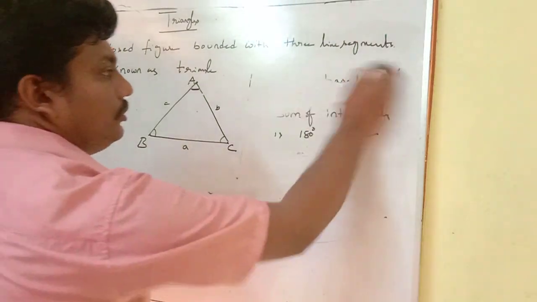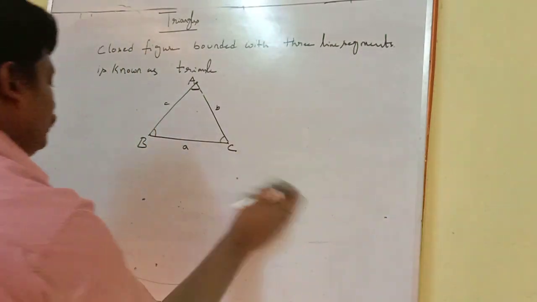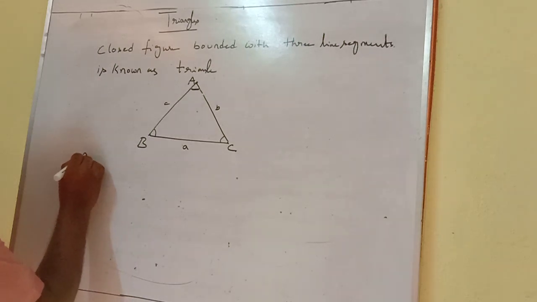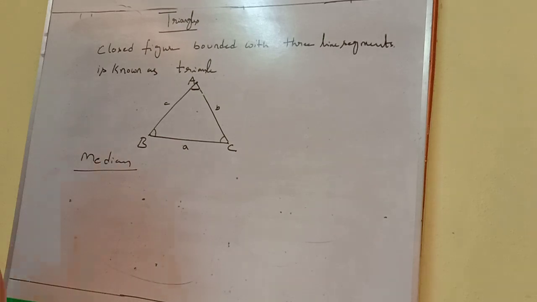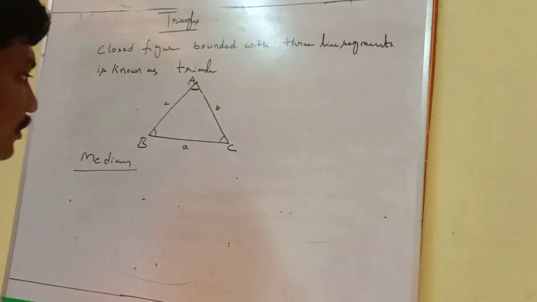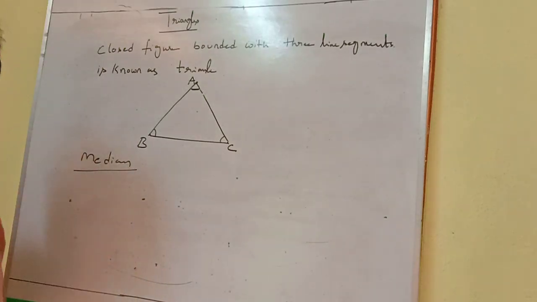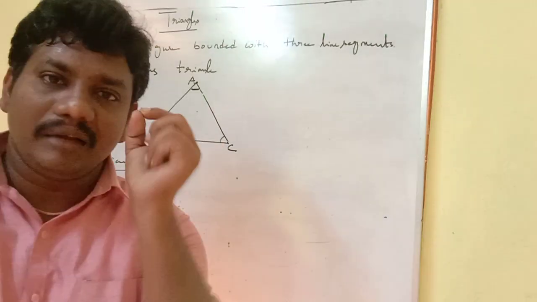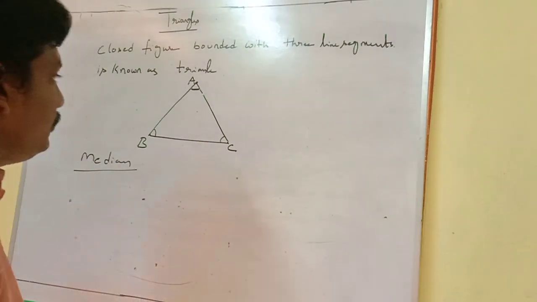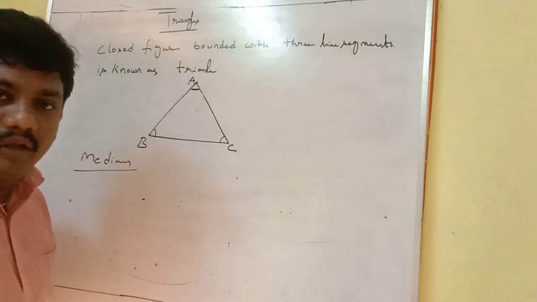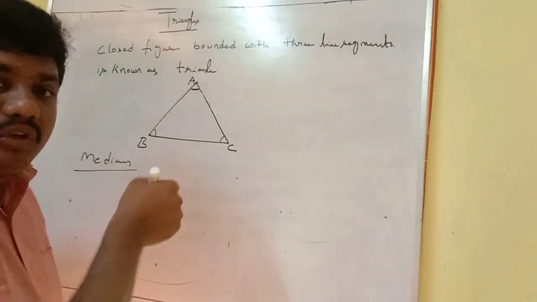So now we are coming to another concept. What is a median of a triangle? A median is any line segment drawn from the vertex of the triangle to the midpoint of its opposite base.